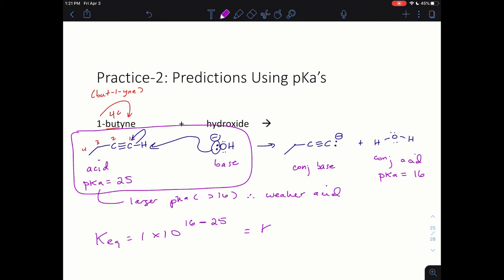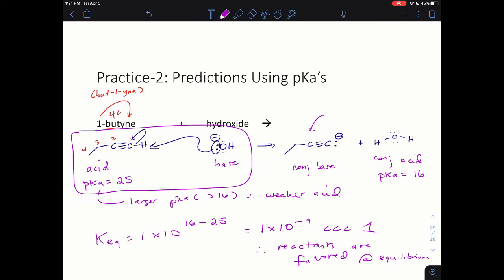So this will give me an equilibrium constant of about 1 times 10 to the negative 9, which is much less than 1 and does suggest that the reactants are favored at equilibrium. We will have more 1-butene and hydroxide than we will have the conjugate base of 1-butene and water.